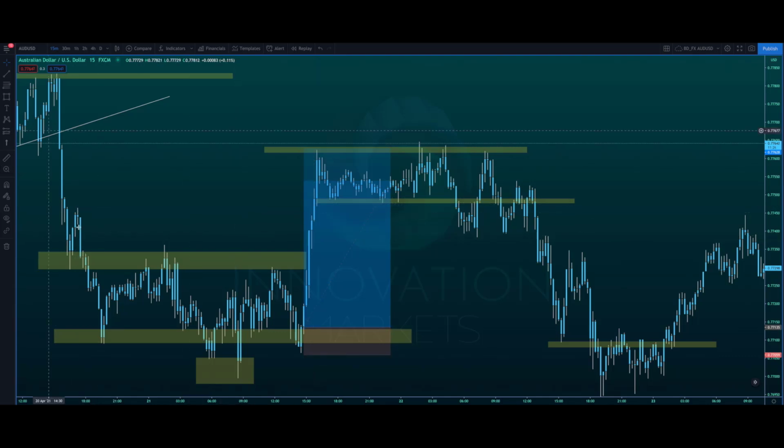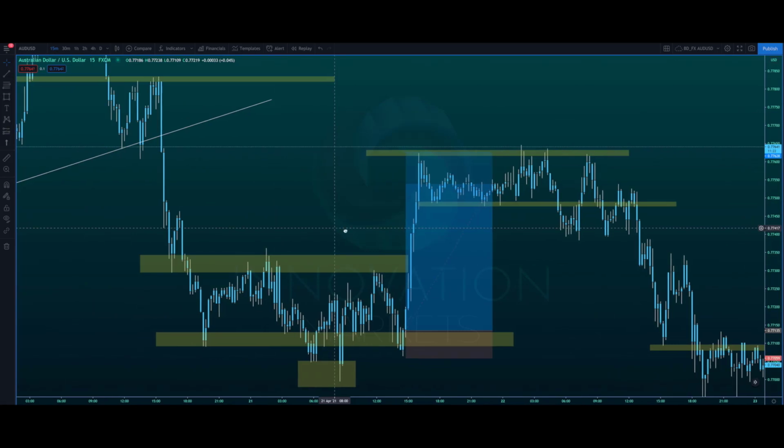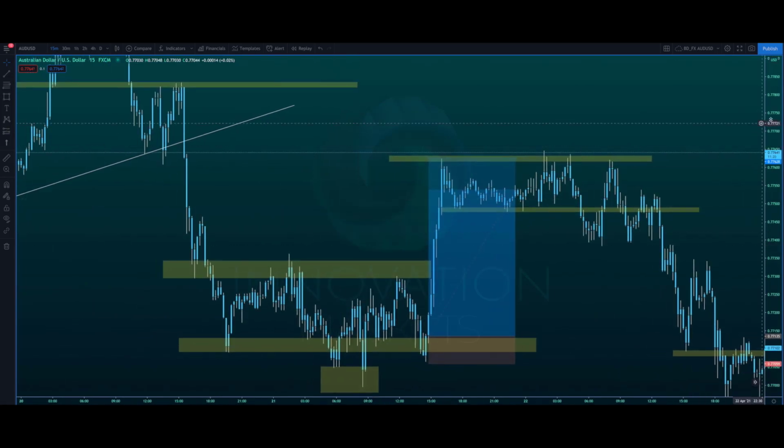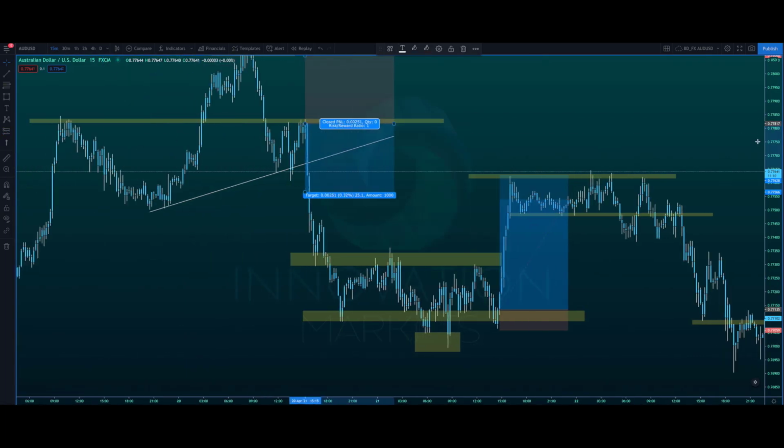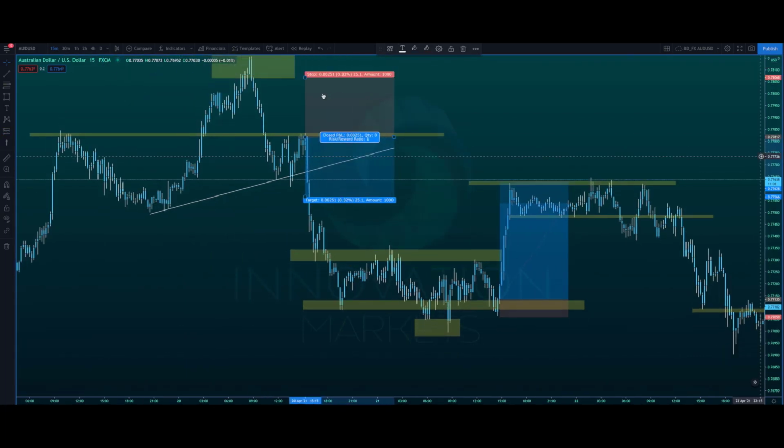Just like this move down here, if I was short from this move here, from this right shoulder, you have patience in the market.